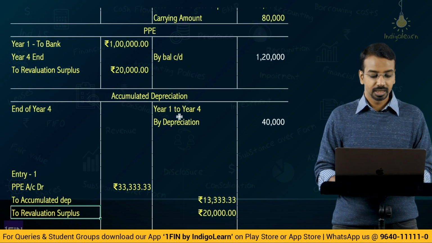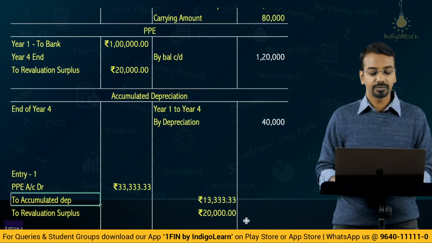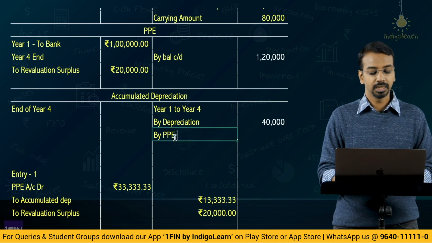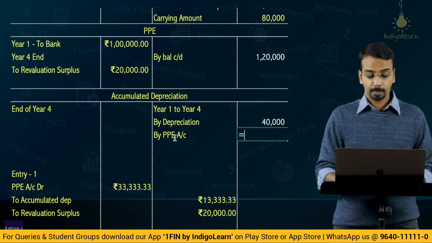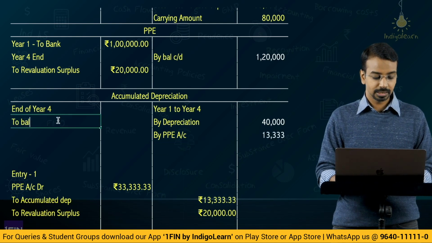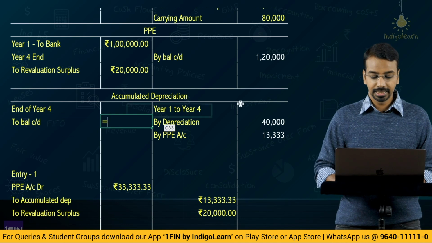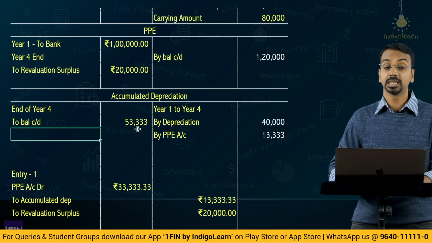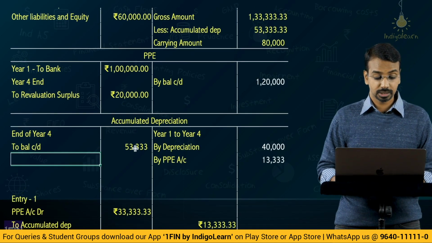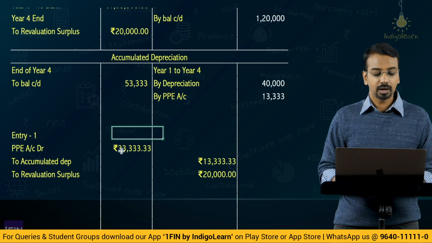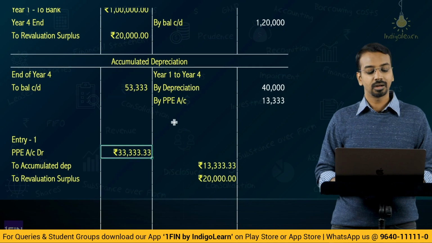Now, what will be the entry? Here in the accumulated depreciation account, we have increased it by 13,333. So, you would say by PPE account 13,333 and to balance carried down would be the opening depreciation value plus 13,333, which makes it 53,333. This you can see here in the balance sheet, and PPE account debit by 33,333.